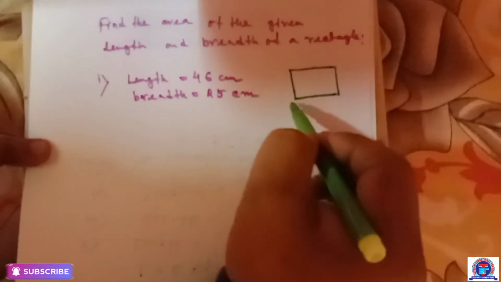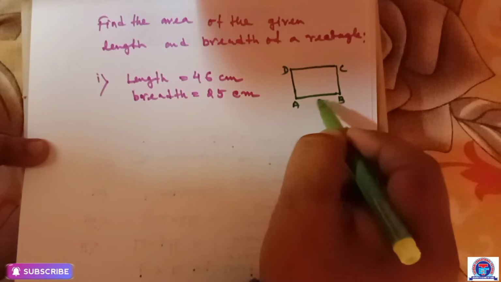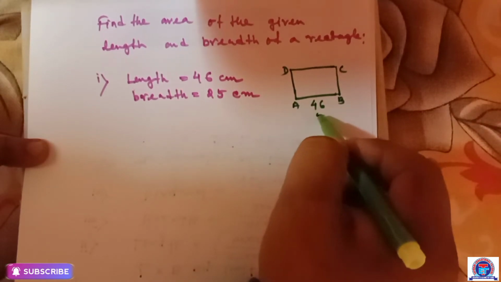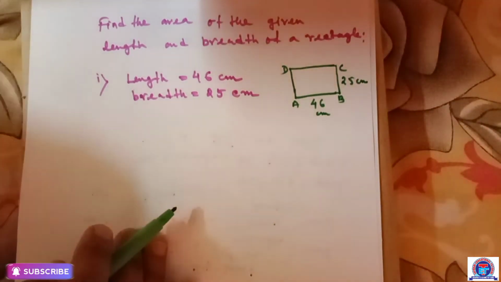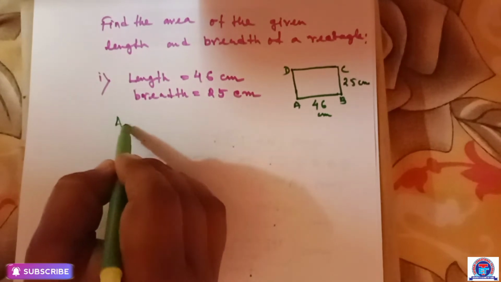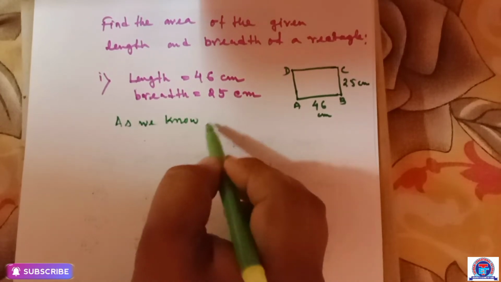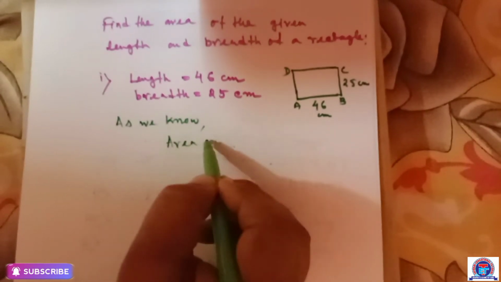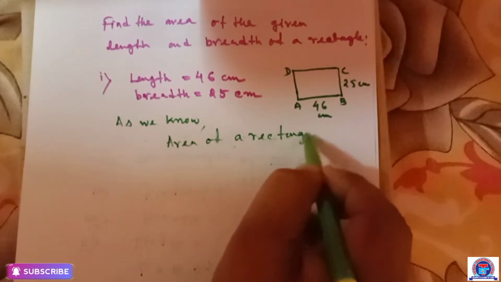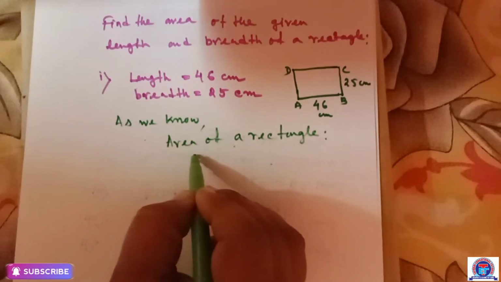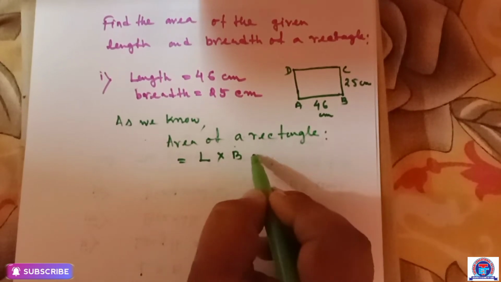This is the rectangle A, B, C, D. Their length is 46 centimeter and breadth is 25 centimeter, right? So as we know, area of a rectangle is equal to length into breadth.